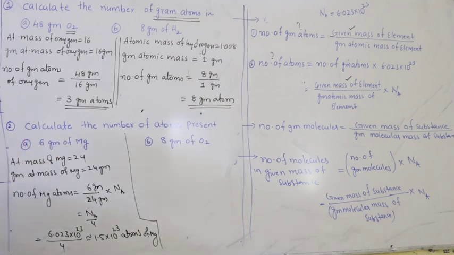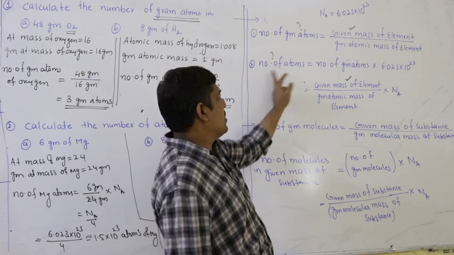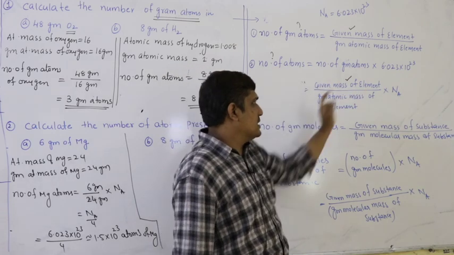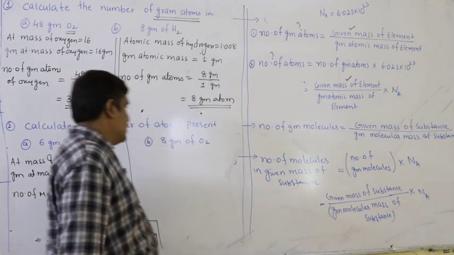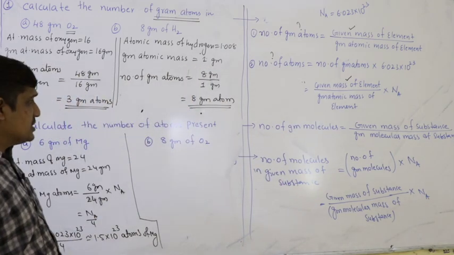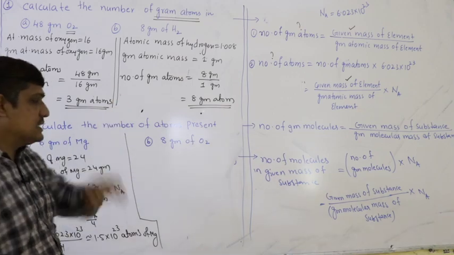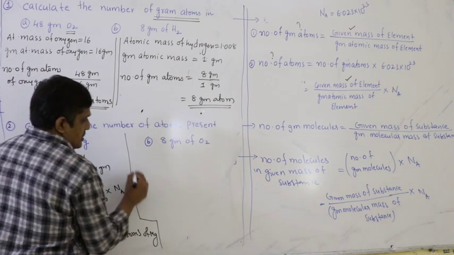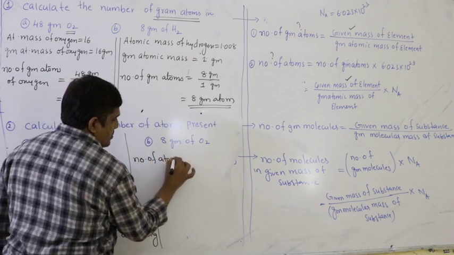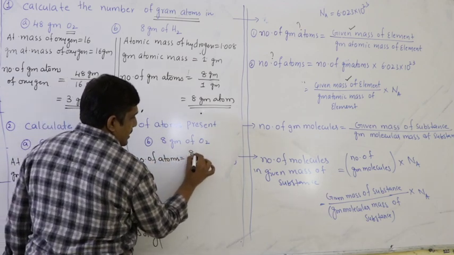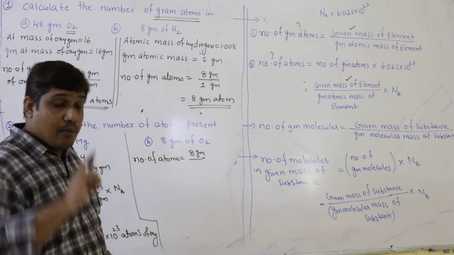Same way you have to do this. Mass is given. You have to find the number of atoms. Number of atoms equals given mass of oxygen by gram atomic mass of oxygen into Avogadro number. What is the gram atomic mass of oxygen? Atomic mass, not molecular mass. Atomic mass is 16. So 16 grams. So I am writing directly, number of atoms equals given weight 8 grams, atomic mass 16, molecular mass is 32.